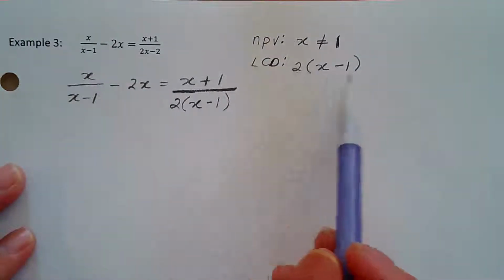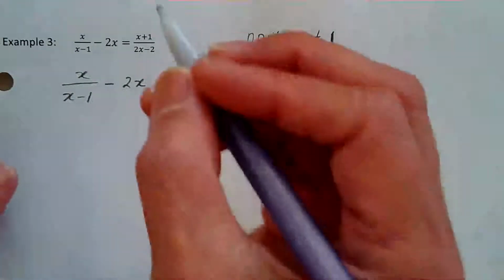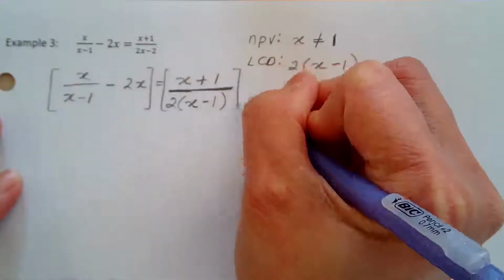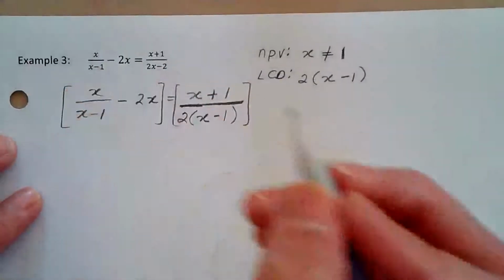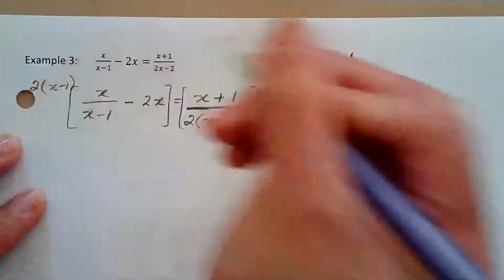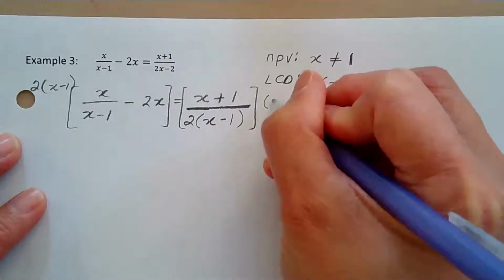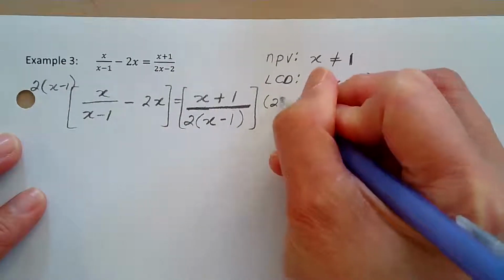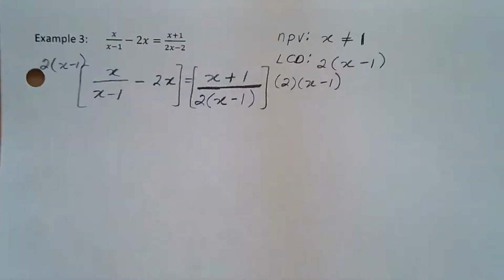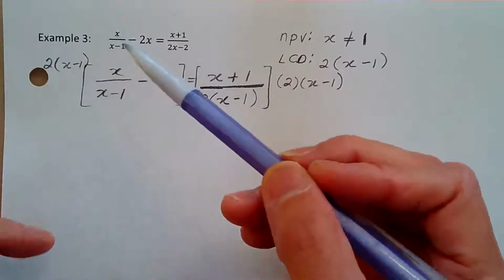Okay, so if that's the case, I'm going to multiply both sides of the equation by the LCD. So let's do just that. I'm going to apply the distributive property of multiplication.